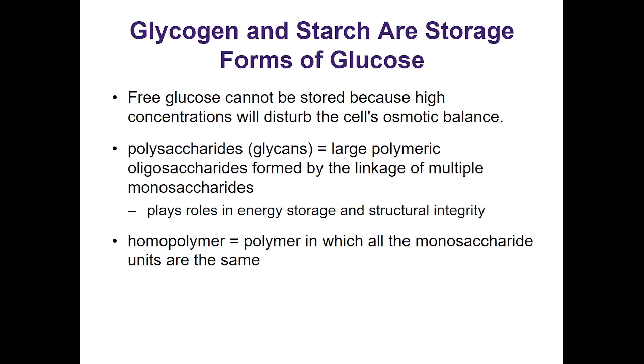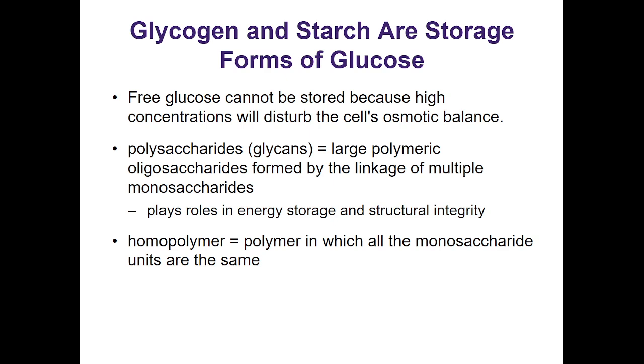A homopolymer is a polymer in which all the monosaccharide units are the same. Homo meaning same, polymer, right? So repeats of the same saccharide. Anybody know glycogen or starch? You've probably heard of those, hopefully. Okay. What do you typically find glycogen for? Like animals, right? Starches, yeah, usually plants, right?